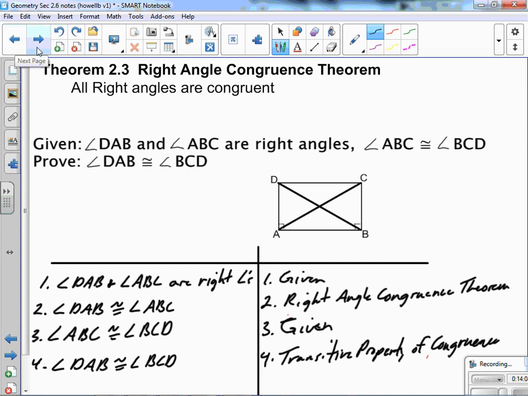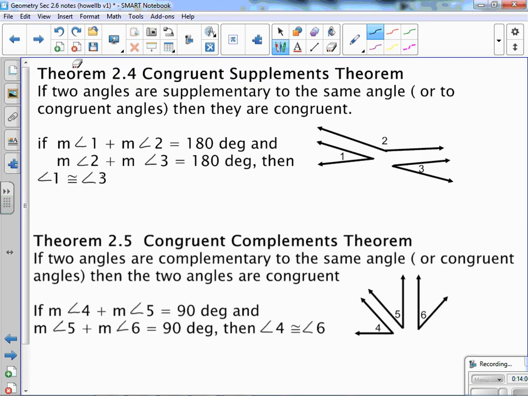So, next one. Theorem 2.4, the congruent supplements theorem, says if two angles are supplementary to the same angle or to congruent angles, then they are congruent. So if angle 1 plus angle 2 equals 180 degrees, and angle 2 plus angle 3 equals 180 degrees, since 1 added to 2 equals 180 and 3 added to 2 equals 180, then 1 and 3 would have to be the same.